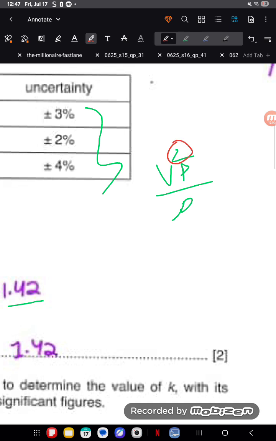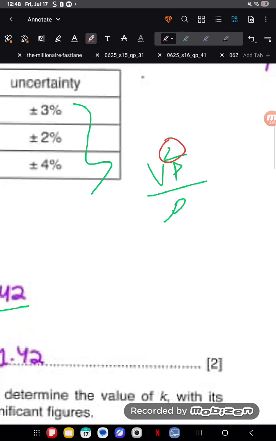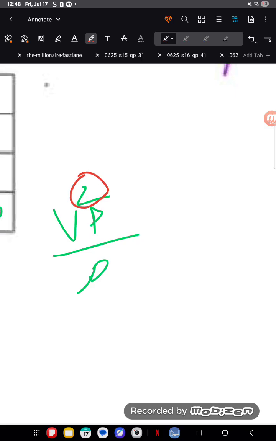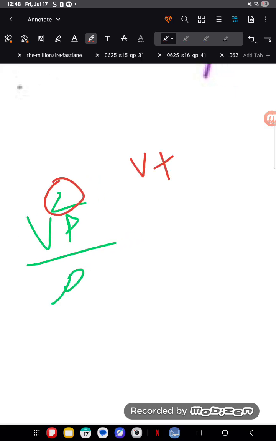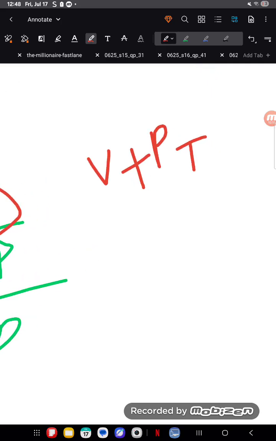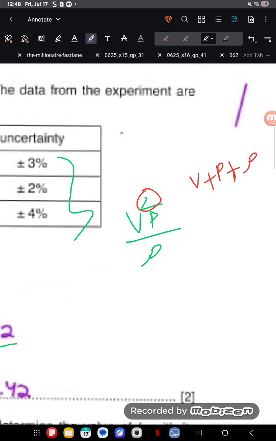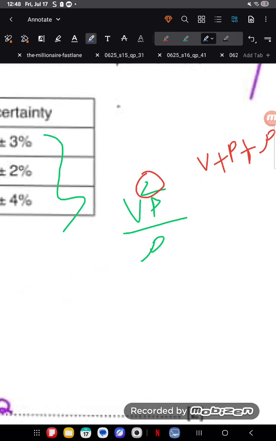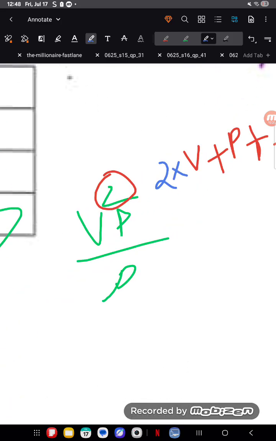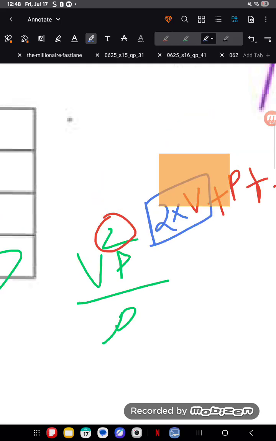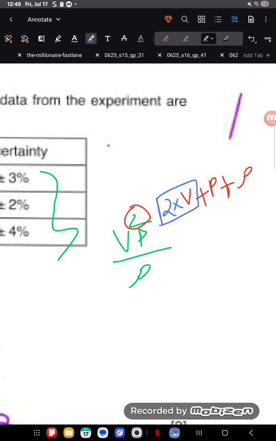A power means it will be multiplied by 2. So these all will be plus. P will be plus, this will be plus, this is down, it doesn't mean that it will be divided. In the uncertainty thing everything will be plus. And for V square it will be multiplied by 2, don't multiply this with this. You have to multiply because the power is with V.